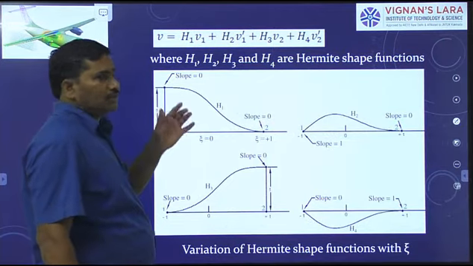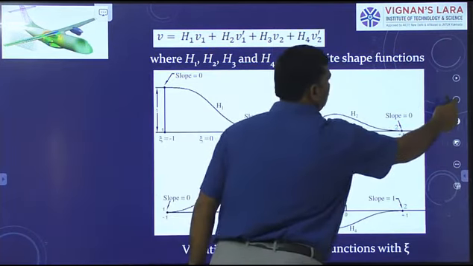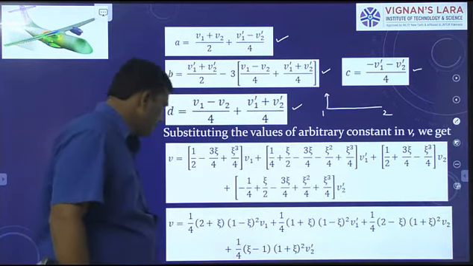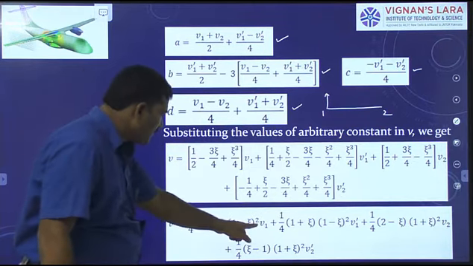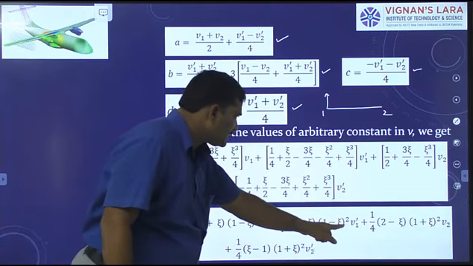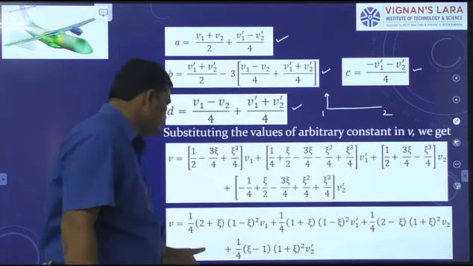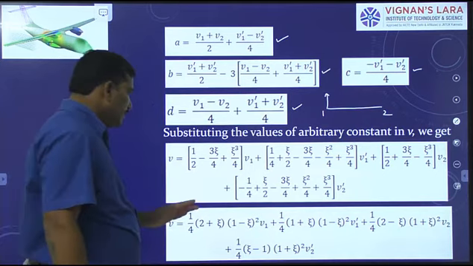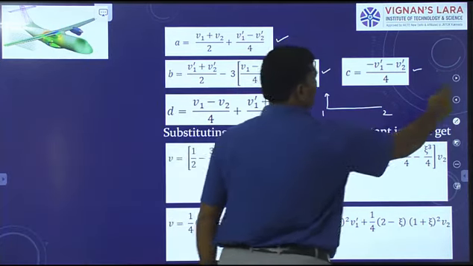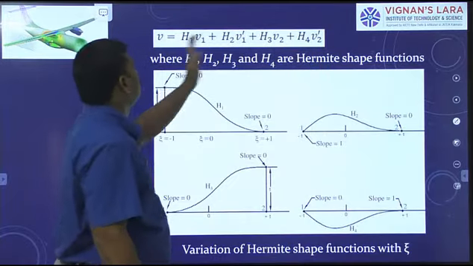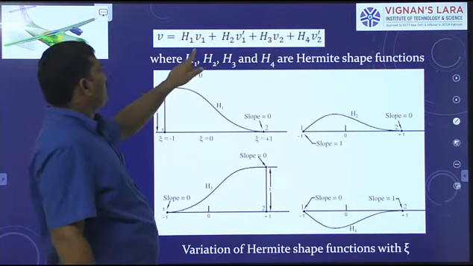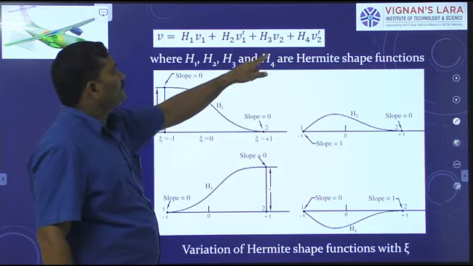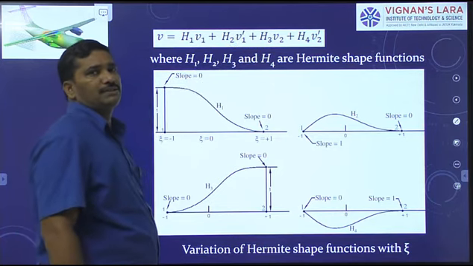Next. This expression, if you observe carefully, it contains V1 term, V1 dash term, V2 term and V2 dash term. This expression I write like this: H1 into V1 plus H2 into V1 dash plus H3 into V2 plus H4 into V2 dash.